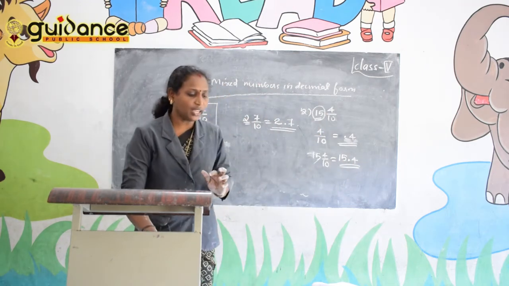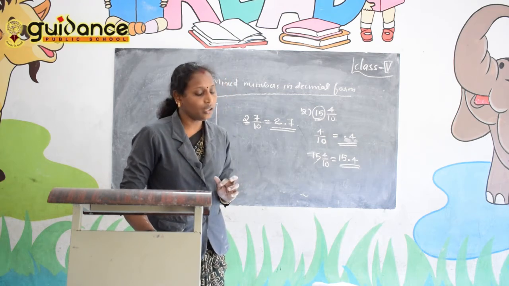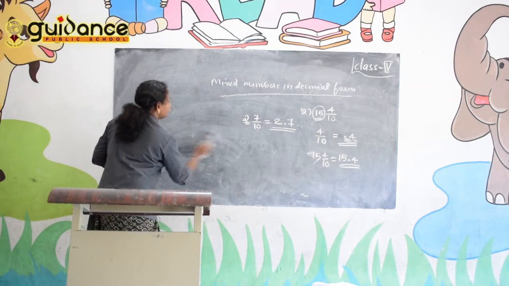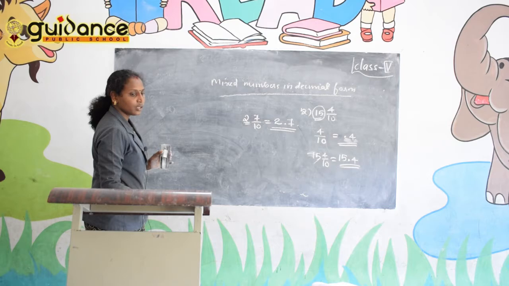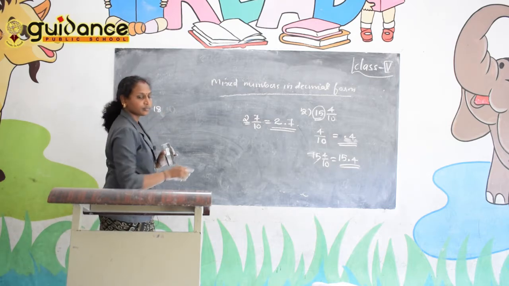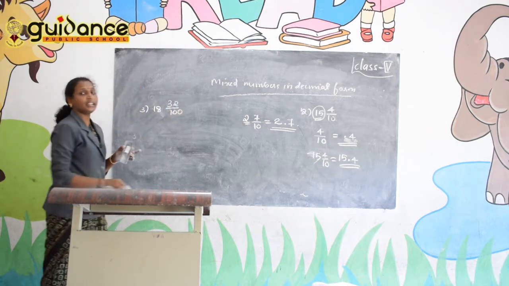That means 15.4. Next, 18 and 32 by 100. This is the next question.